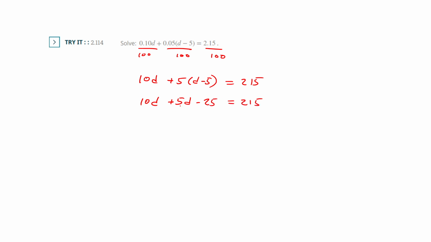Got 15d minus 25 is 215. I want the factor puzzle, so I'm getting rid of the 25. 15d equals 240. Divide both by 15 to get it alone, and I get d is 16.